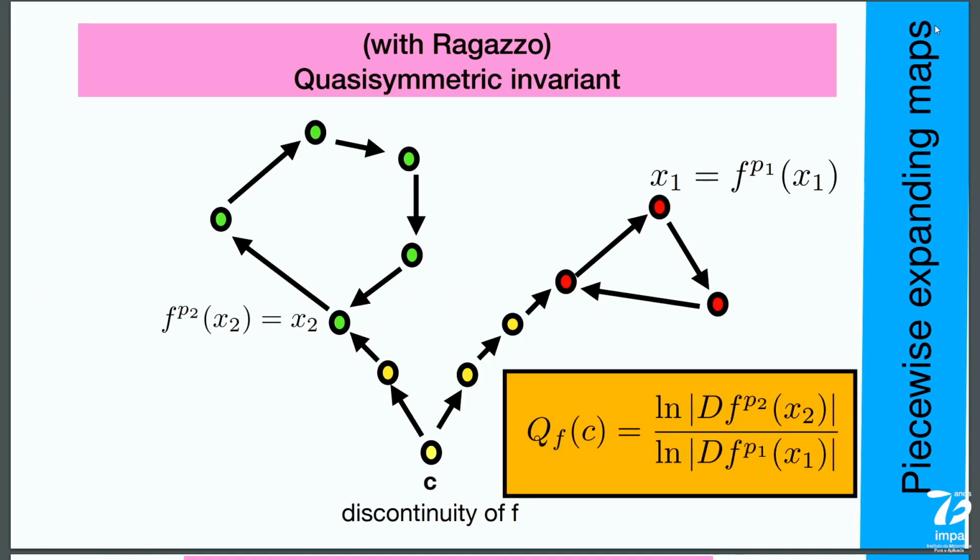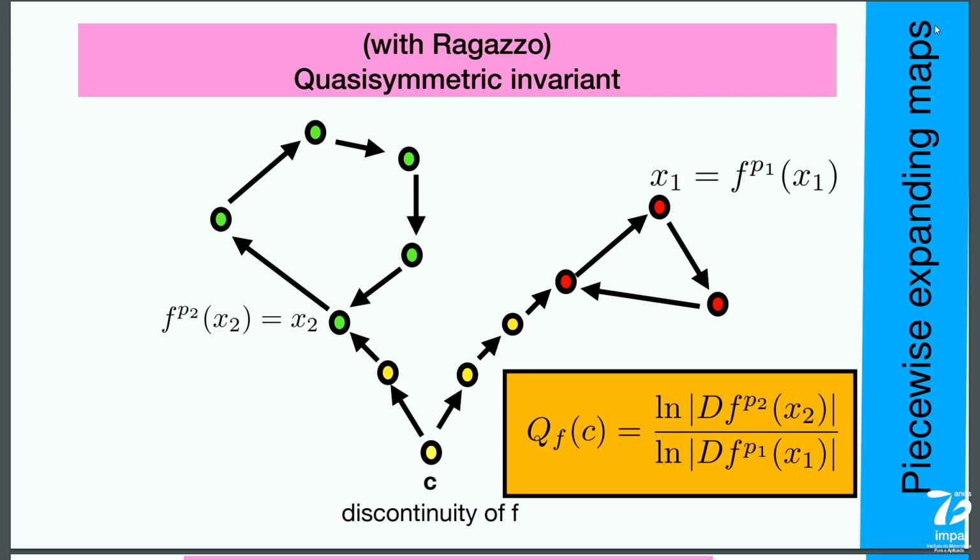Okay. Another thing that's interesting, and that is in this case, is not always the case that the topological class coincides with the quasi-conformal class or quasi-symmetric class of the maps. So that's something interesting, because you can have a discontinuity, and in the right side, this discontinuity goes to a periodic orbit, let's say period 3, and in the left side, you converge to another periodic orbit of period, let's say 5.